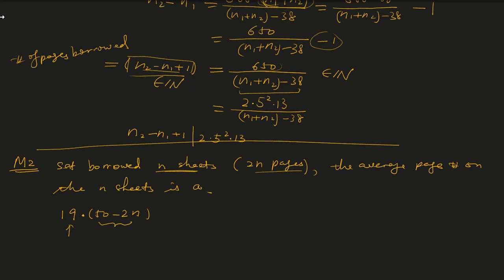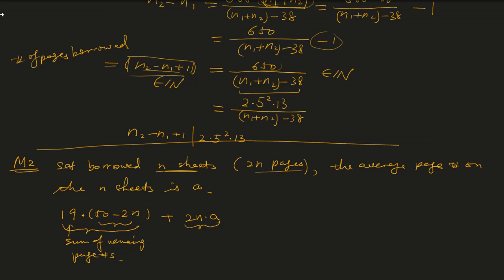Therefore, when we multiply them together, this gives us the sum of remaining page numbers. And that plus 2n times A.